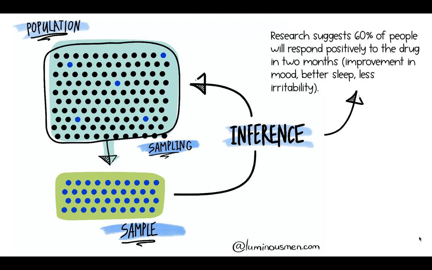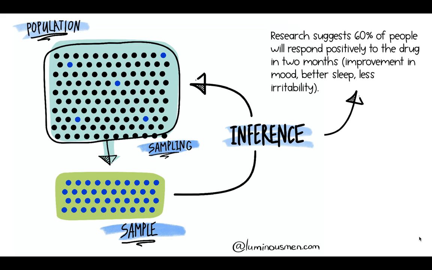Okay, here's another example, starting with that population and then going down into a sample, collecting data from the sample and then going back and making an inference to that larger population. So let's say that we collected data about some participants that started a new antidepressant drug.